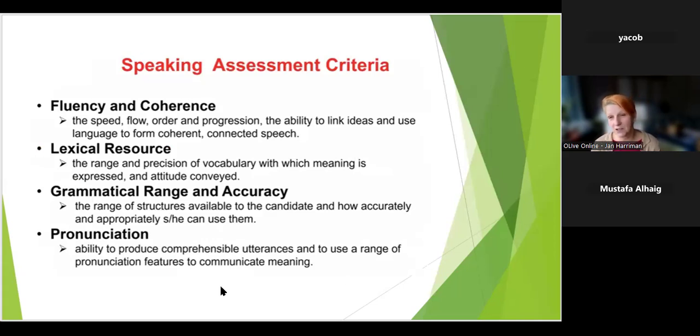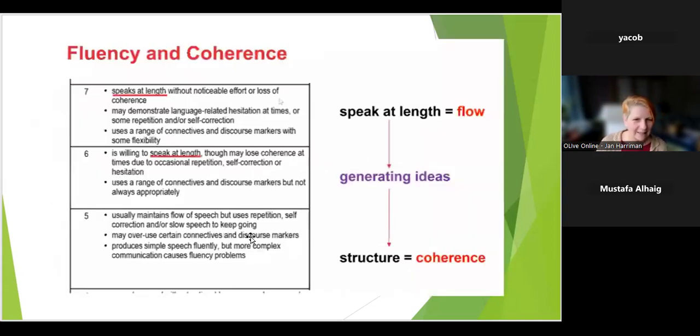And that's where pronunciation comes in. It's not about whether you have a British accent or an Australian accent. It's can you be understood? All right. So clarity is everything, absolutely everything. So let's look at band 7.